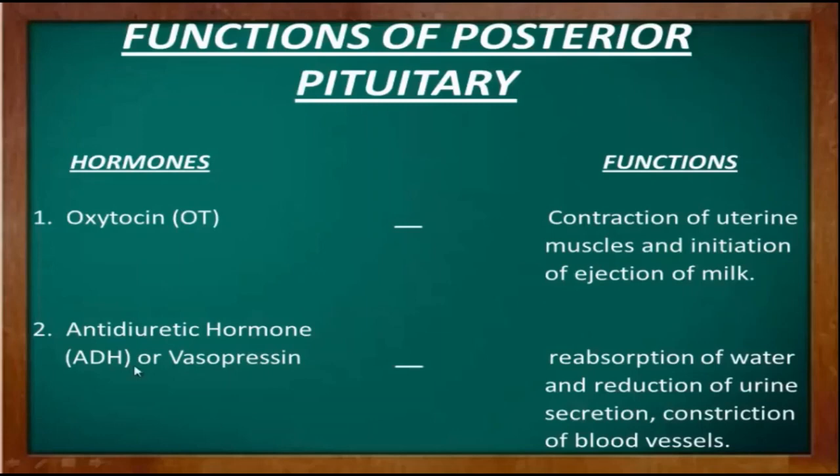This one causes reabsorption of water and reduction of urine secretion, and constriction of blood vessels. In the kidney tubules, it increases the reabsorption of water. It reduces loss of water through urine, and hence the name antidiuretic hormone.